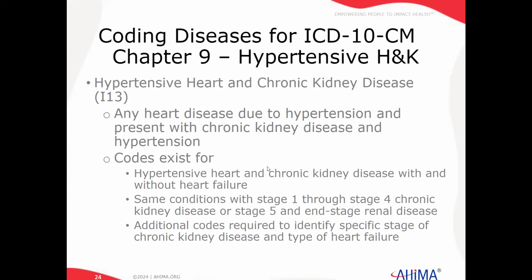So the important thing when coding these codes for code category I13 is to look at these three bullet points: whether it is with or without heart failure, and then what stage of the chronic kidney disease, or stage 5 or end stage renal disease, if you will. And then additional codes are required to identify the specific stage of the chronic kidney disease.